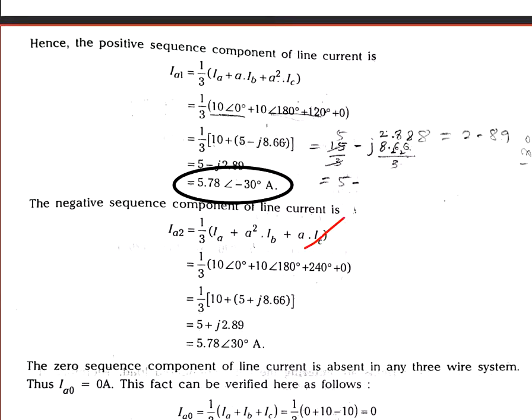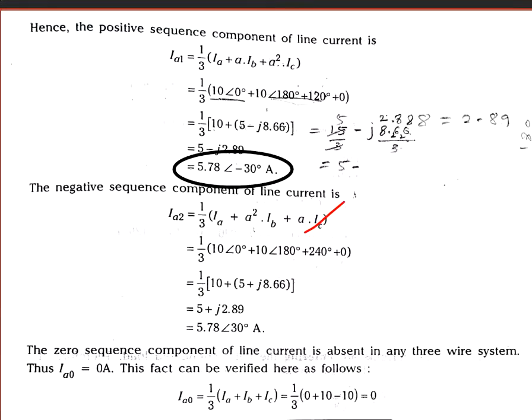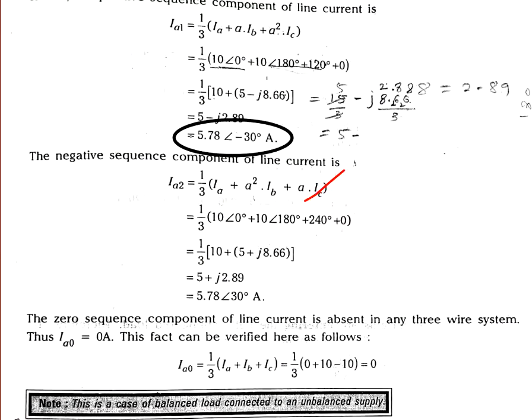Minus 30 or plus 30? Plus 30, right? Others can check with this answer. I think you are Kapil, right? Kapil or Faran or Guru? Who got the answer? Farhan. Very good, very good.